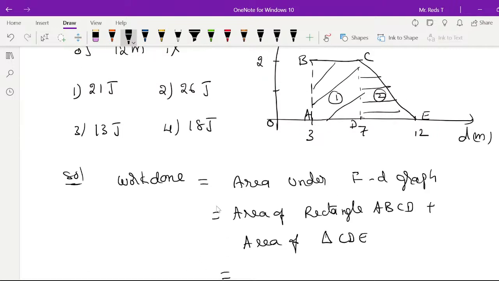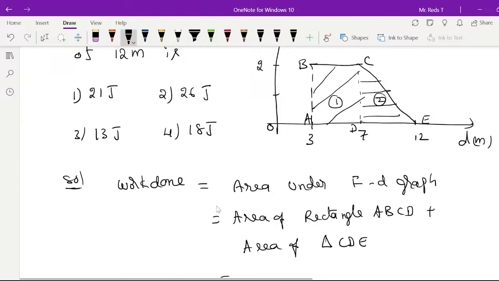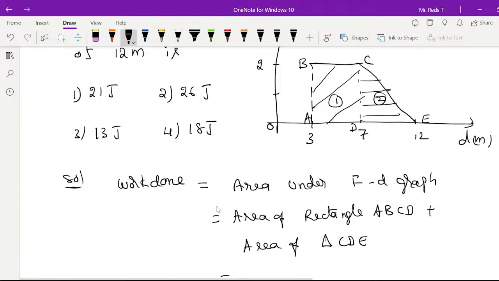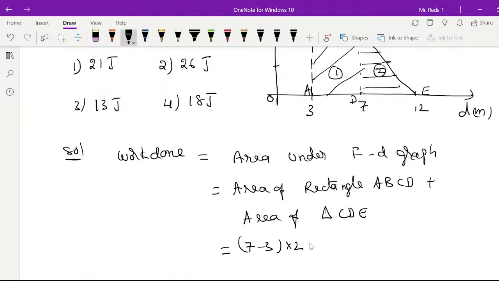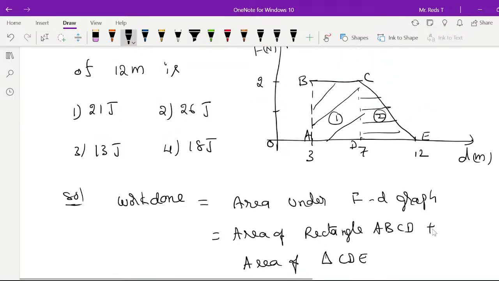Here the distance part is 7 minus 3, and the breadth, AB, is 2 minus 0, which is 2. So 7 minus 3 into 2 is the area of the rectangle. Plus the area of triangle is half into base into height. Base part is 12 minus 7, height is 2. Height is 2 units only, right?